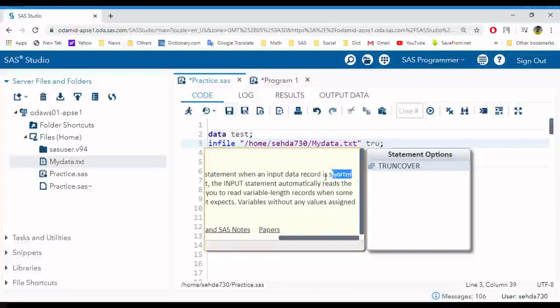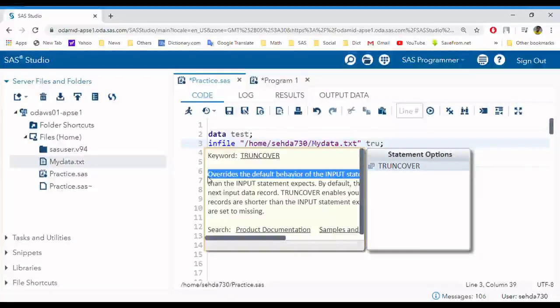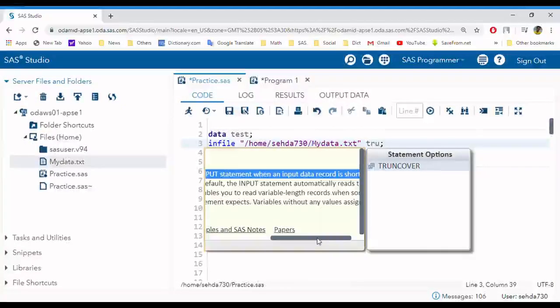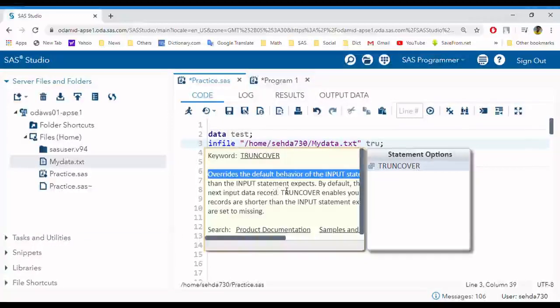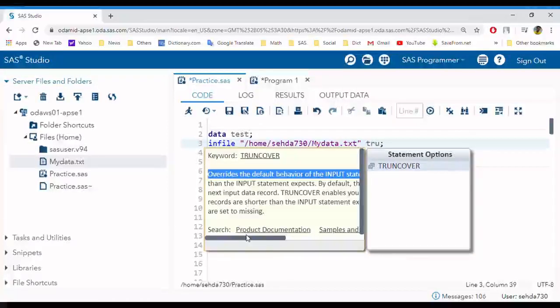You will understand that it overrides the default behavior of input statements when an input data record is shorter than the input statement expects.